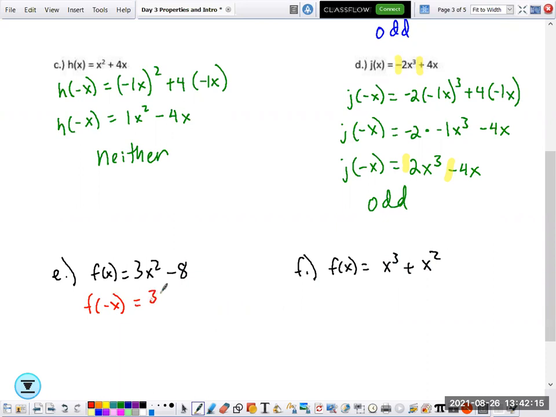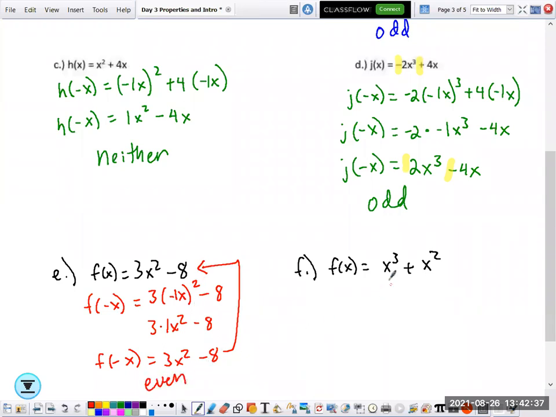Okay, so again, I want you to try these on your own. And then hopefully you see, all right, well, if I square negative 1, I get positive 1. So this is 3 times 1x squared minus 8. So f of negative x is 3x squared minus 8. Hey, this is what I started with. This is even. Again, pause the video. Try letter F on your own.